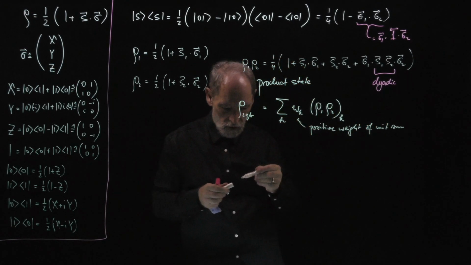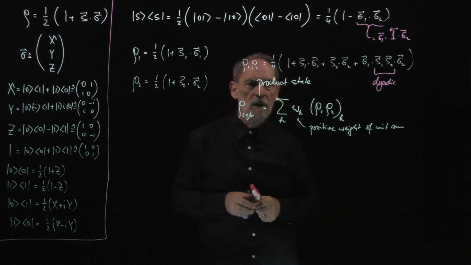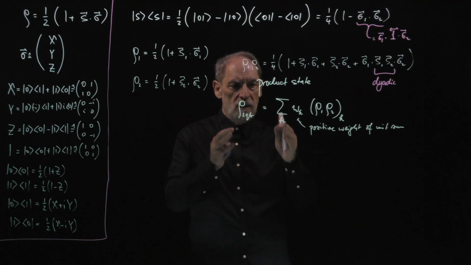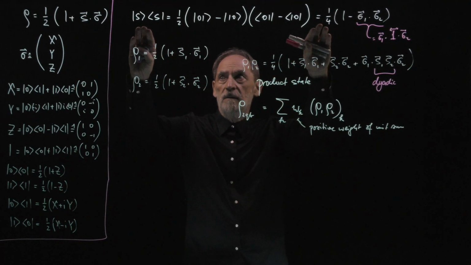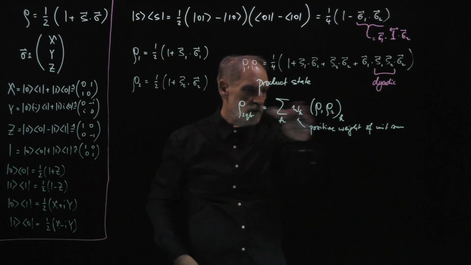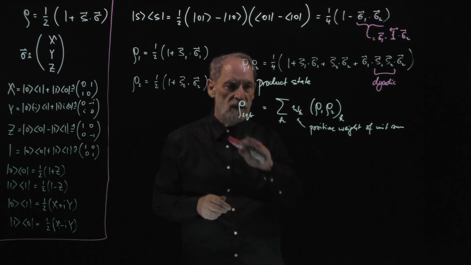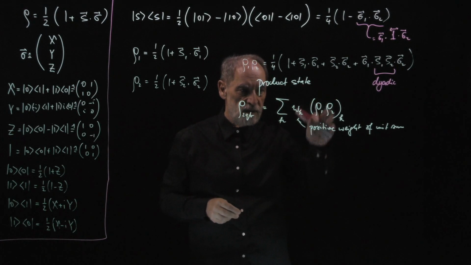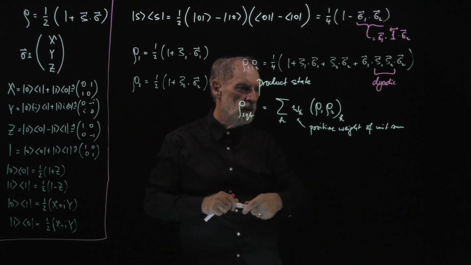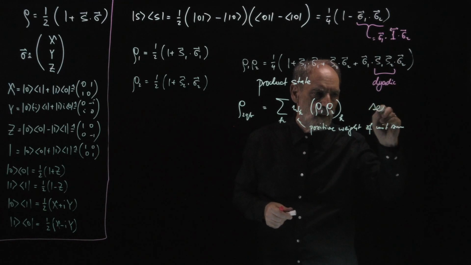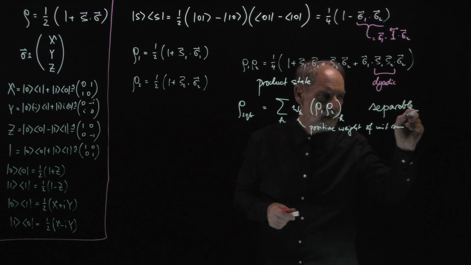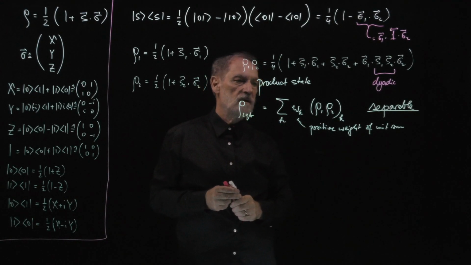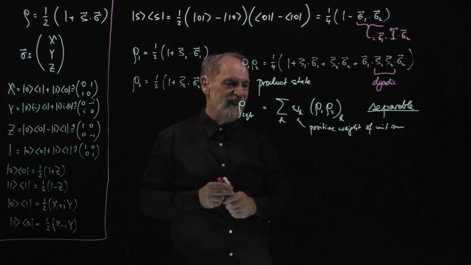So this is a convex sum of 2-qubit product states. Now, this particular state that we have here for the singlet is not of this kind. A 2-qubit state that is such a convex combination of product states is what we call separable. The states which cannot be written like this, the states which are not separable, are called entangled.